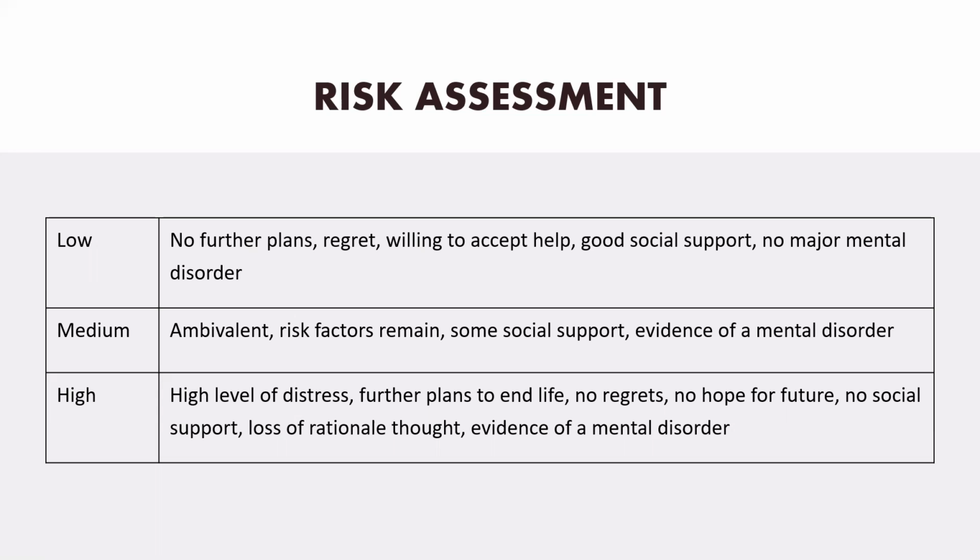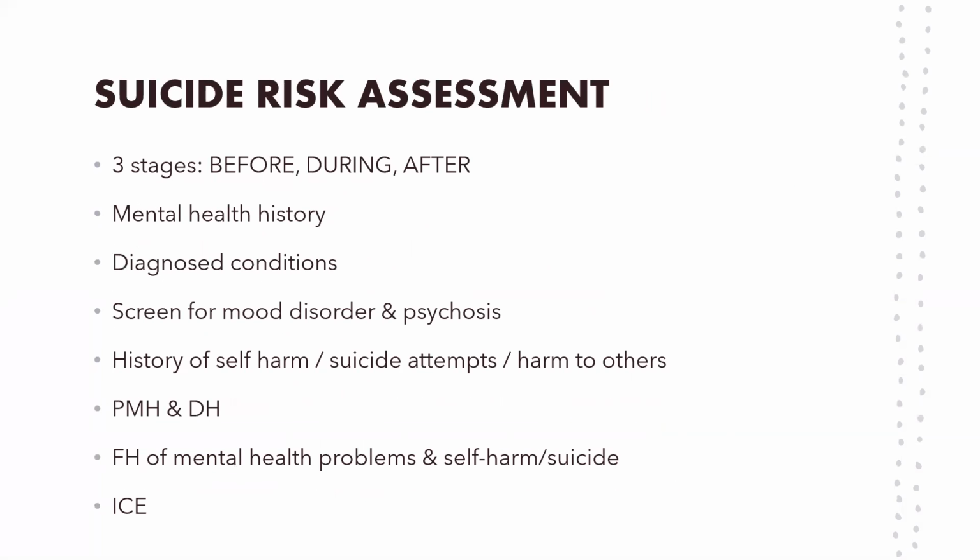And like I said, it's important to go through the history taking thoroughly. This isn't just the previous psychiatric history, like did they have any previous psychiatric diagnoses like depression, anxiety, psychosis? It's also past medical history. If they have a bleeding disorder, that could be quite relevant if they were trying to self-harm in terms of cuts.